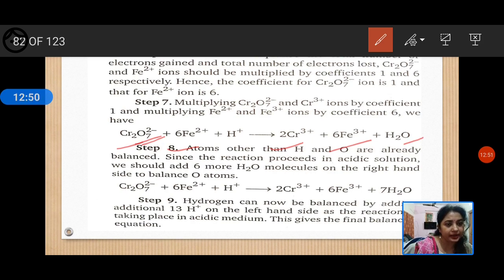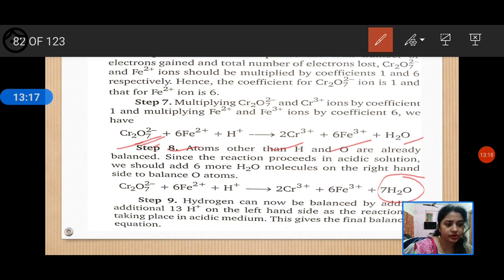So we need 6 more water molecules. Here we are just adding 6. 1 was already there, so it will become 7 water molecules.